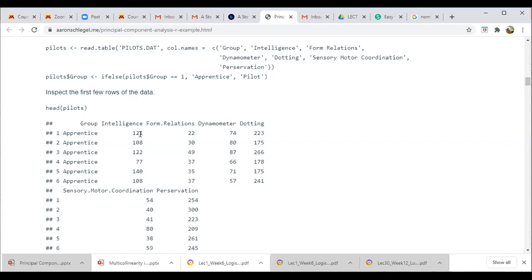Analyzing that kind of data set is likely going to be chaotic, likely going to be problematic. And that is the reason why principal component analysis can be used to reduce the dimensionality in our data set. And what I've done today is to walk you through the process of achieving that.